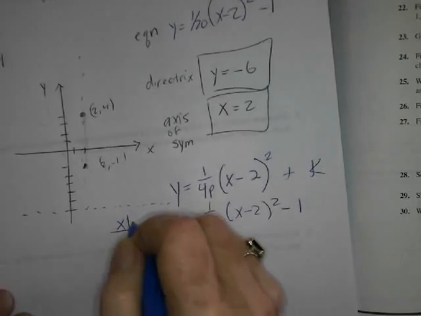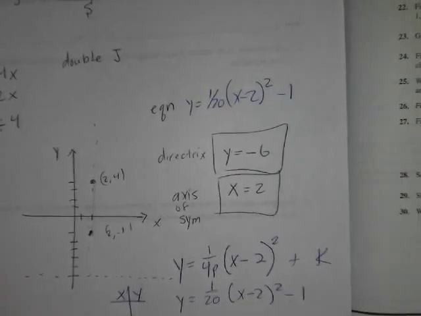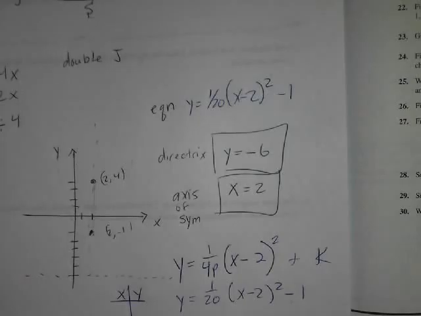What's a nice number that you think might be on my graph? 0, you want to just try plugging 0 in.